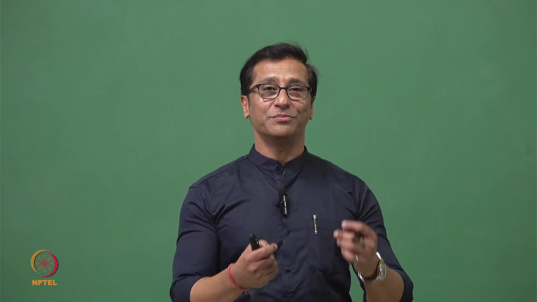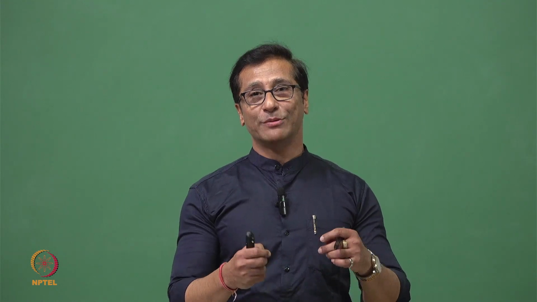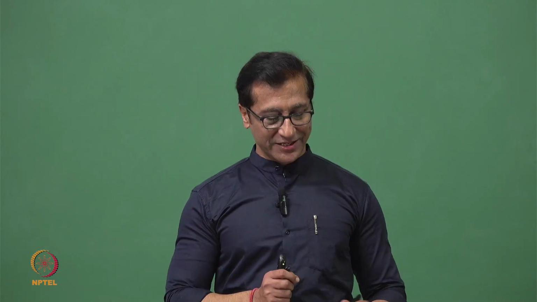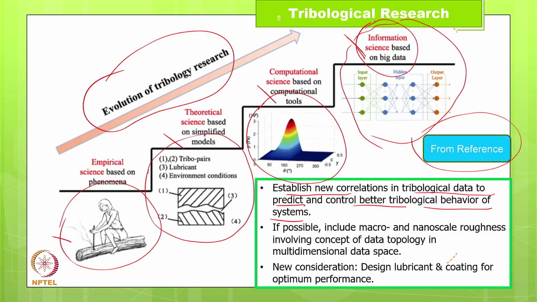It started in 1960 in a scientific manner. Still, we have a lot of frictional losses and a lot of wear losses. To really increase performance, or make tribological performance better, we need to implement this kind of information-science-based approach, which we can learn from big, available data.